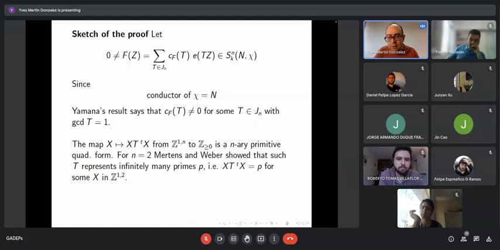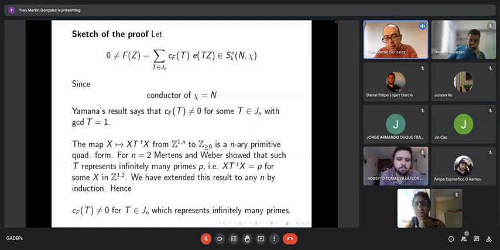So I believe, I don't know, but I believe that this result for any n is not in print, even though some people told me that it's probably true and probably not difficult to get. Anyhow, using some inductive arguments, I was able to extend this statement by Weber to any n.